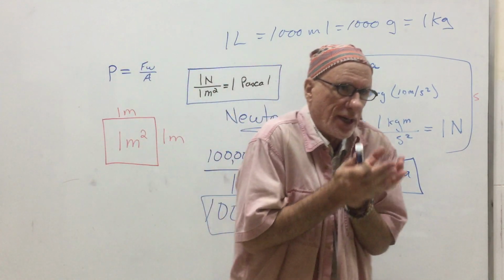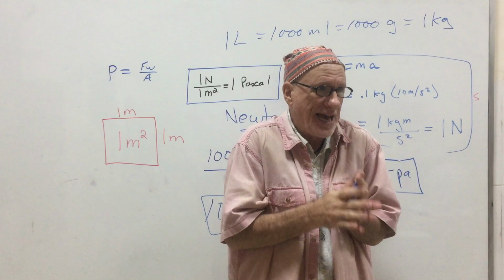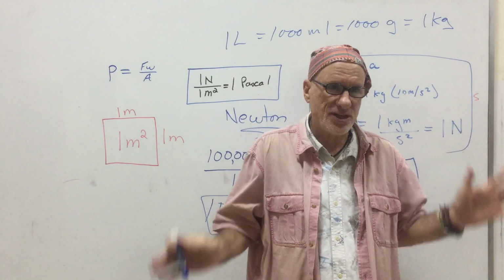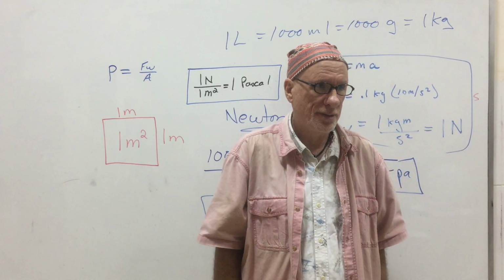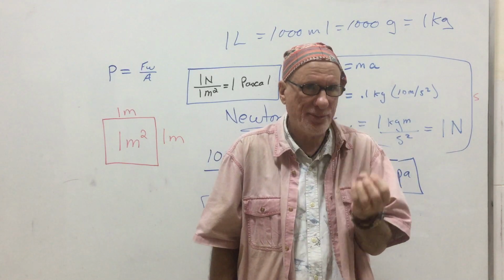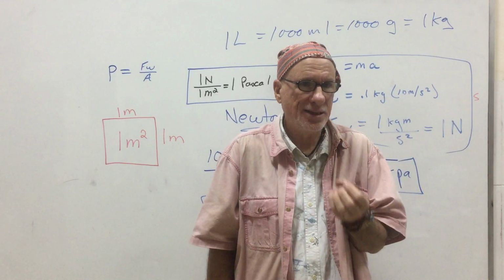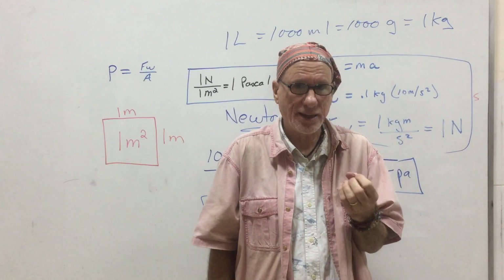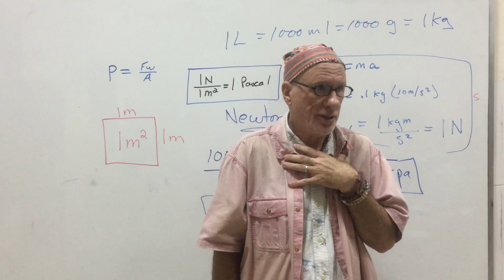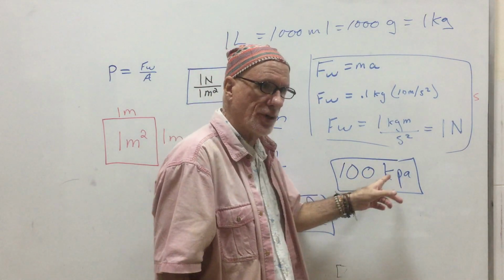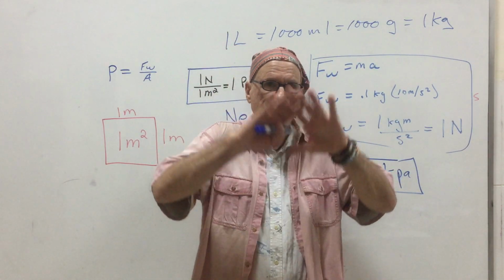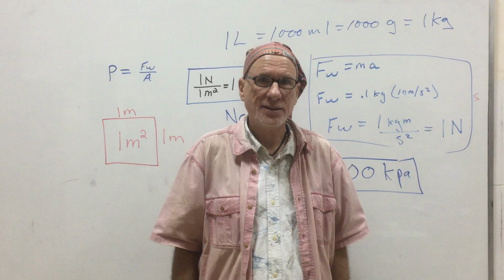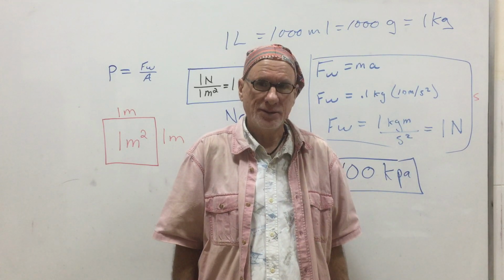We will be using pascals and kilopascals for the rest of the year. Understood? Pressure in chemistry is in kilopascals or pascals, depending. Air pressure is 100 kilopascals. That's it. Clear?